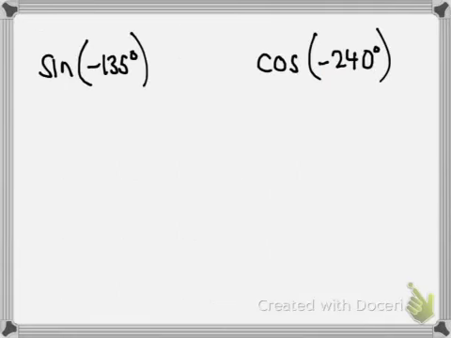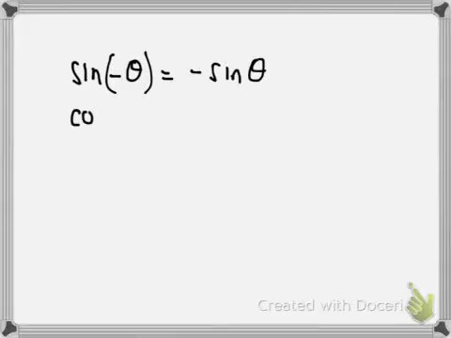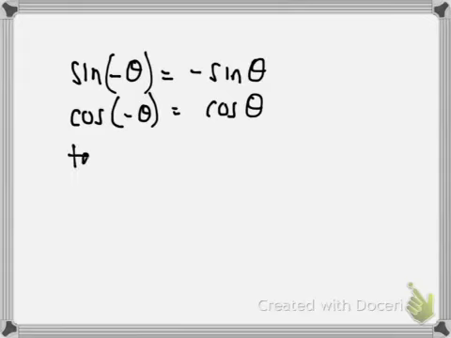Let's summarise those rules. Let's find a new slide here and write them out a bit more neatly. Sine negative theta equals negative sine theta. Cosine negative theta equals cosine theta, and tan negative theta equals negative tan theta.